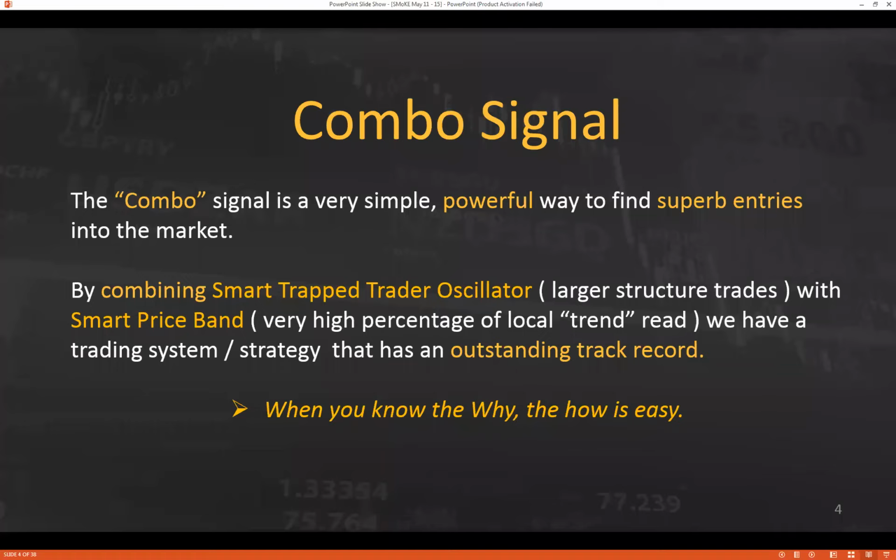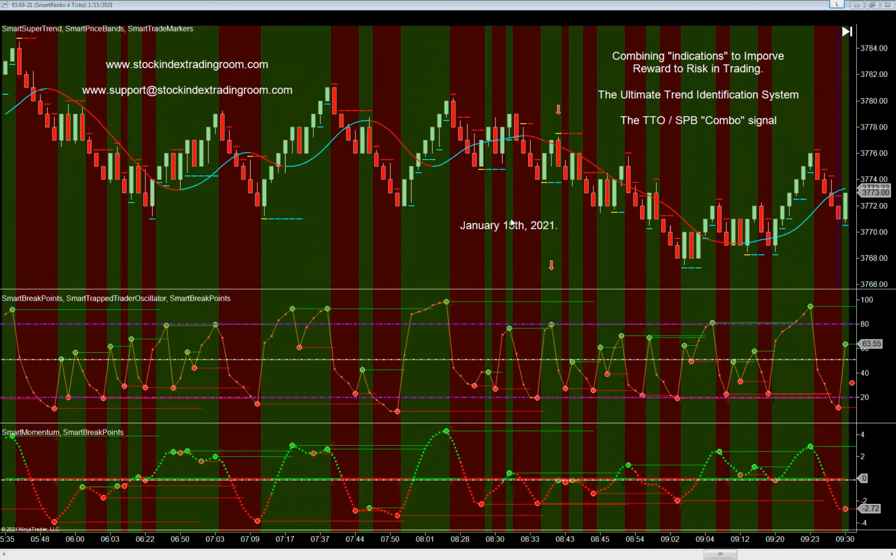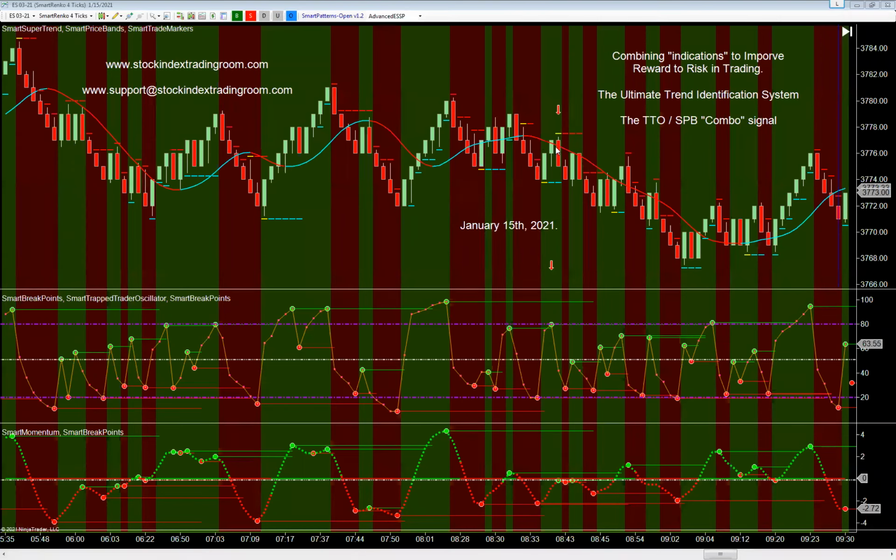So what we're going to do is this. We're going to start with Friday the 15th, and our blue vertical line is the open. All of our indicators: Smart Price Band, Trapped Trader Oscillator, Smart Momentum, Smart Super Trend, which we are not using for this, were developed, coded, tested by World Cup trading champion Rob Mitchell.